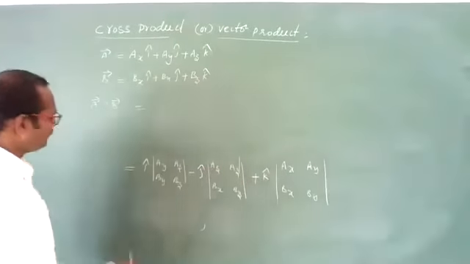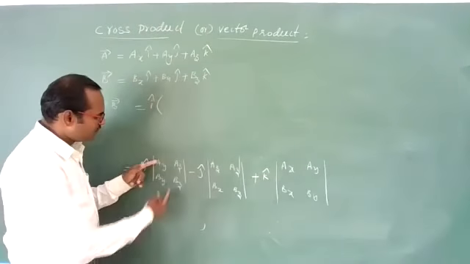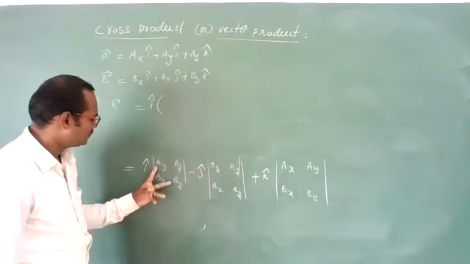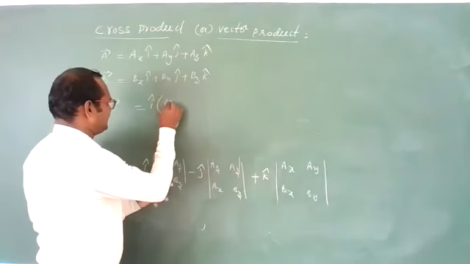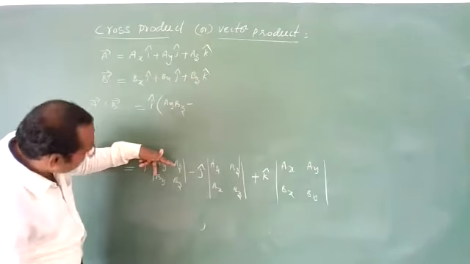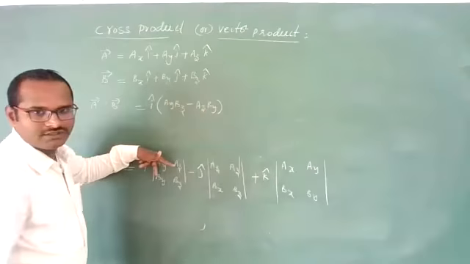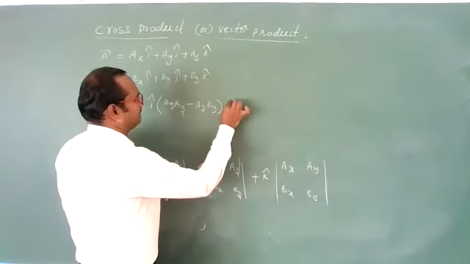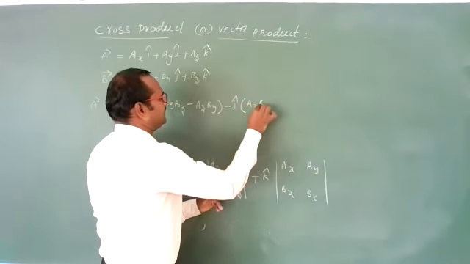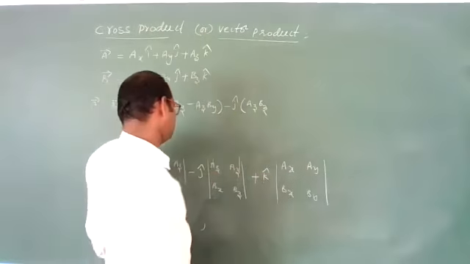Okay. Now I am writing I cap into. Now the modulus, how to find? These two cross multiply, these two cross multiply. So that is AY, BZ minus AZ, BY. Finished. Next, minus J cap: AX, BZ minus AZ, BX.